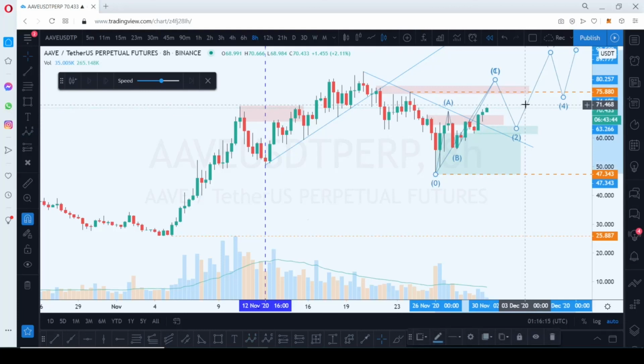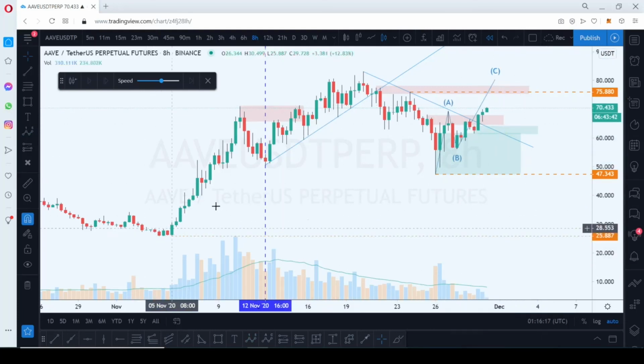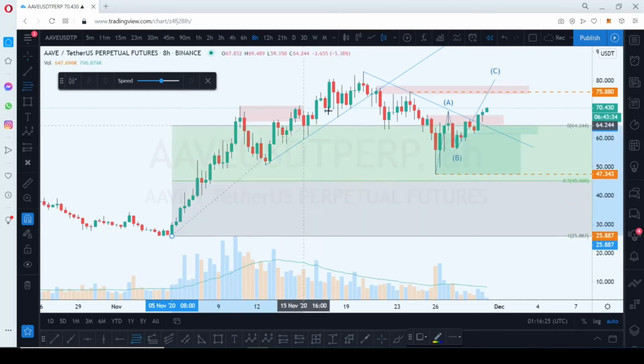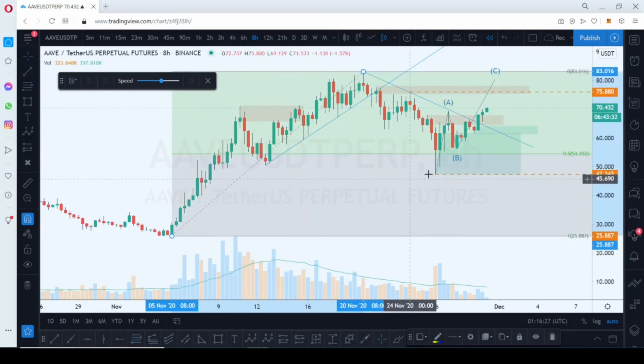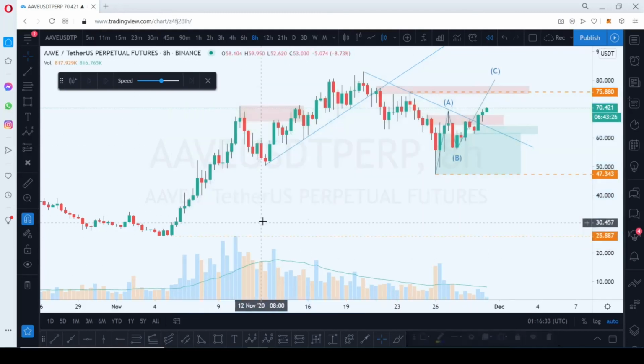I hope you understand. But then looking at this whole scenario, let's see if we now have the 50% organic correction of this move to this side. Oh yes, we have it here. And what do we expect on this total move? We expect this.